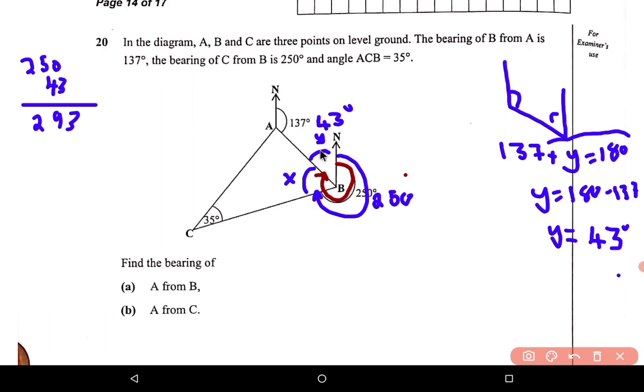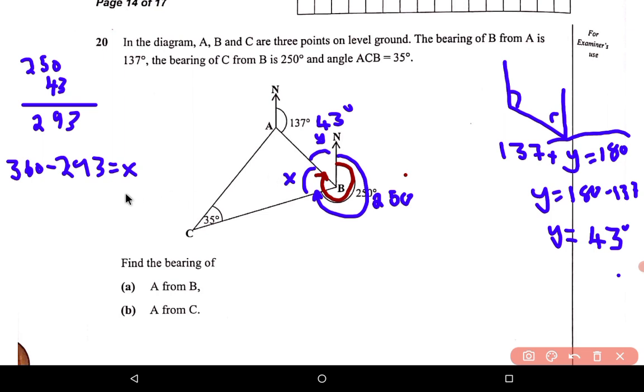So 43 plus 250 plus x should give us 360. So to get x, you just say 360 minus 293. This will give us the remaining one, x, because we've added everything except for this one, and we know that if it's a complete circle, it will be 360.